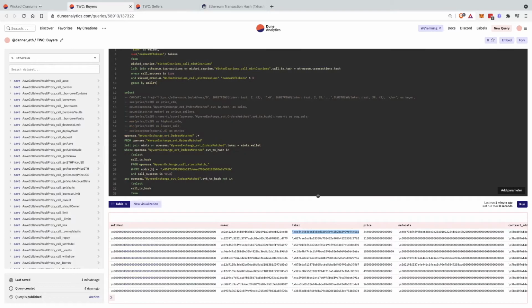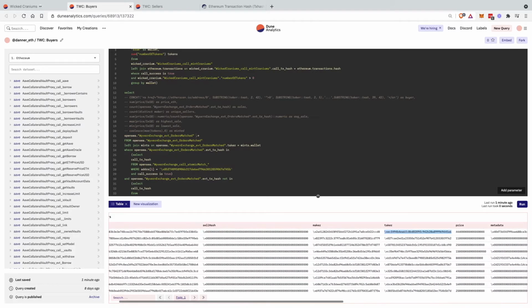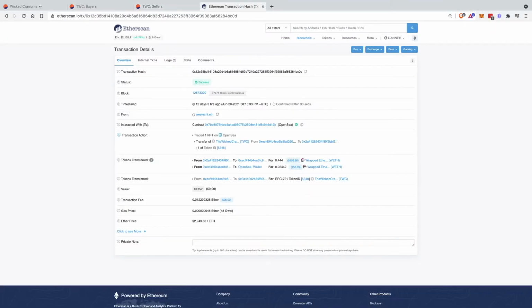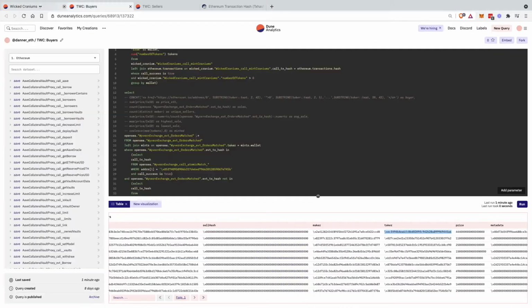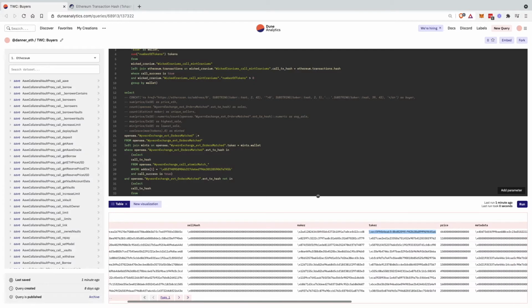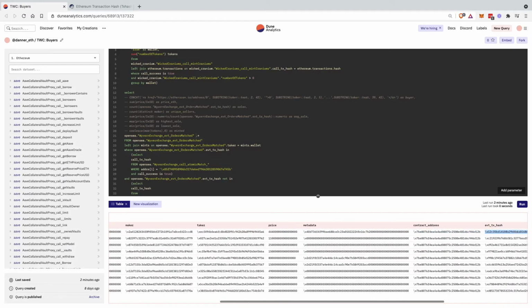Yep, okay. So that is our, let's close a couple of these. Our event transaction hash.